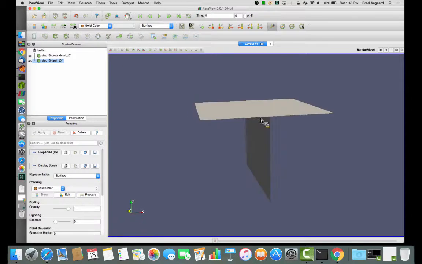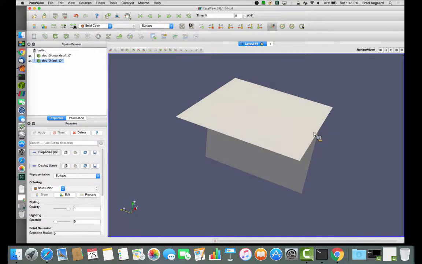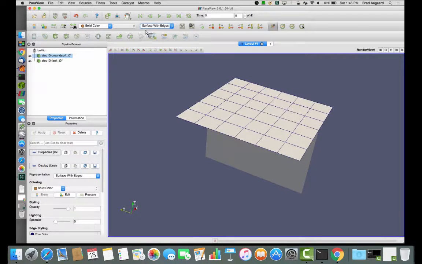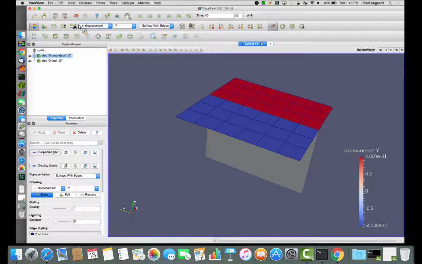Rescale. So there we have the ground surface. We'll do the ground surface edges, displacement in the y direction. We'll see where we are at the end and rescale it. So in the end, we have a total of 2 meters of offset.